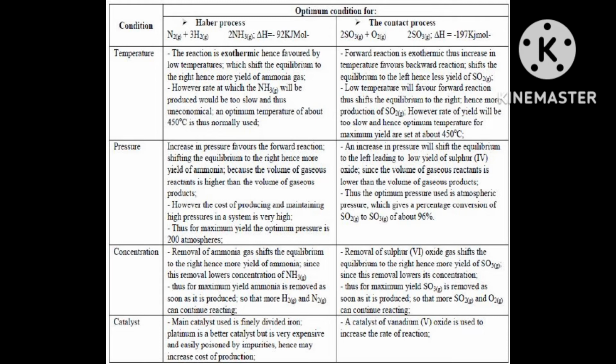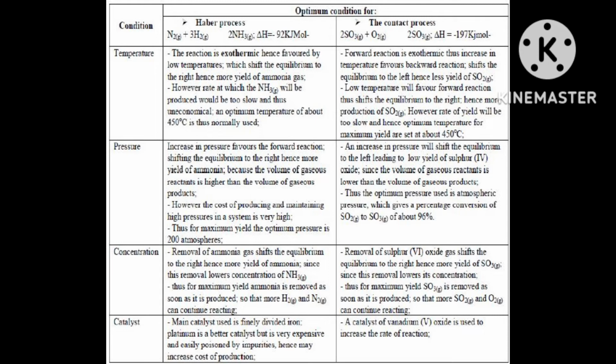If you calculate, it will come to 92. Nitrogen's atomic mass is 14, so 14 into 2 is 28. Oxygen is 16, so 16 into 4 is 64. If you add both, it comes to 92. The molecular mass is 92.